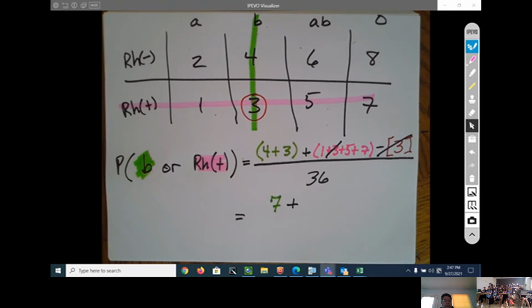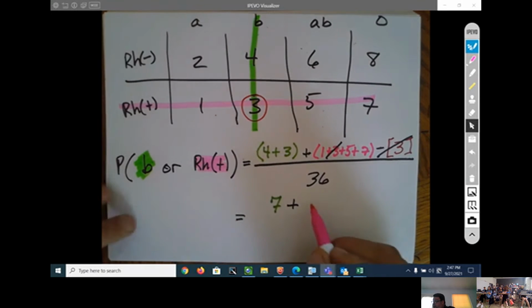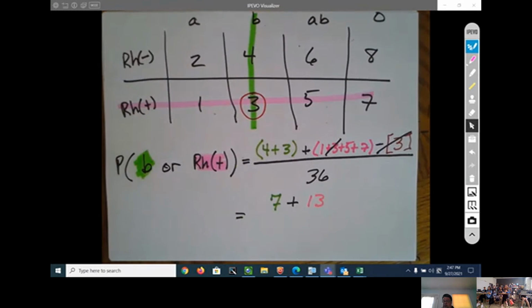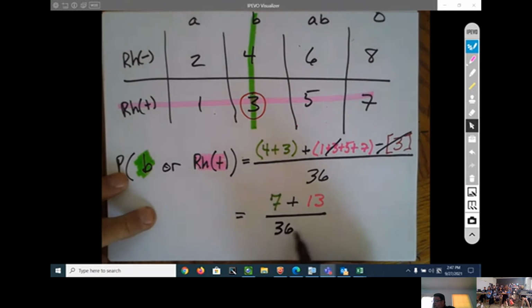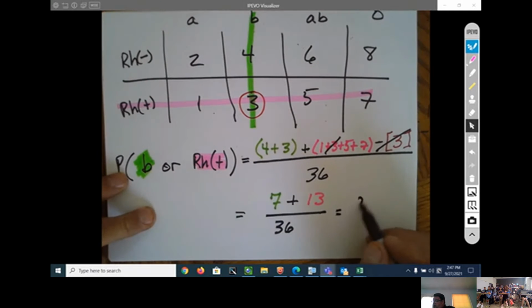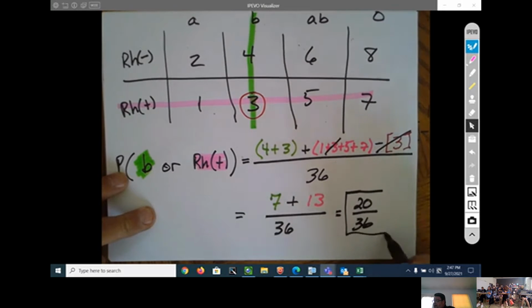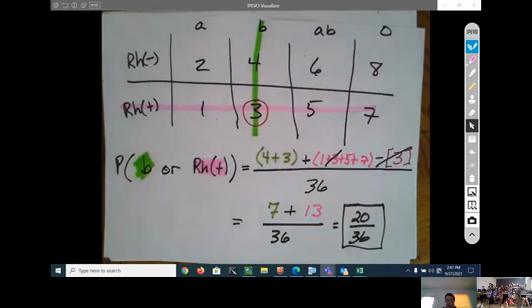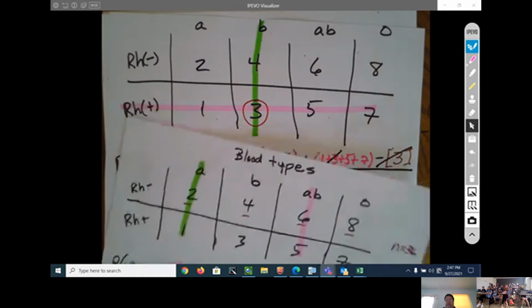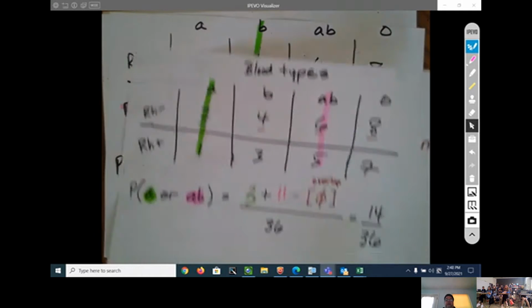Y'all are going to have to check my math because I suck. Over 36. And that's going to be equal to 20 over 36. Simplify and change into a decimal according to directions. And those are the 2 type questions you're going to get with the additive law.